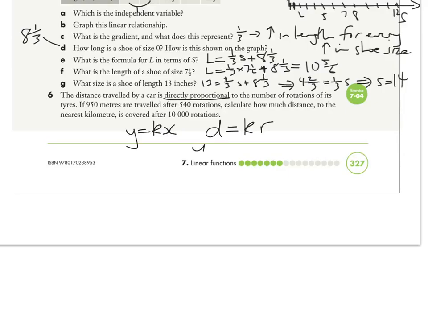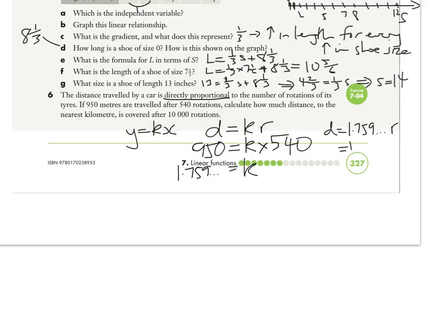So 950 equals k, which we don't know yet, times 540. To get k, divide by 540. K will be 1.759. So therefore our formula will be D equals 1.759 R.